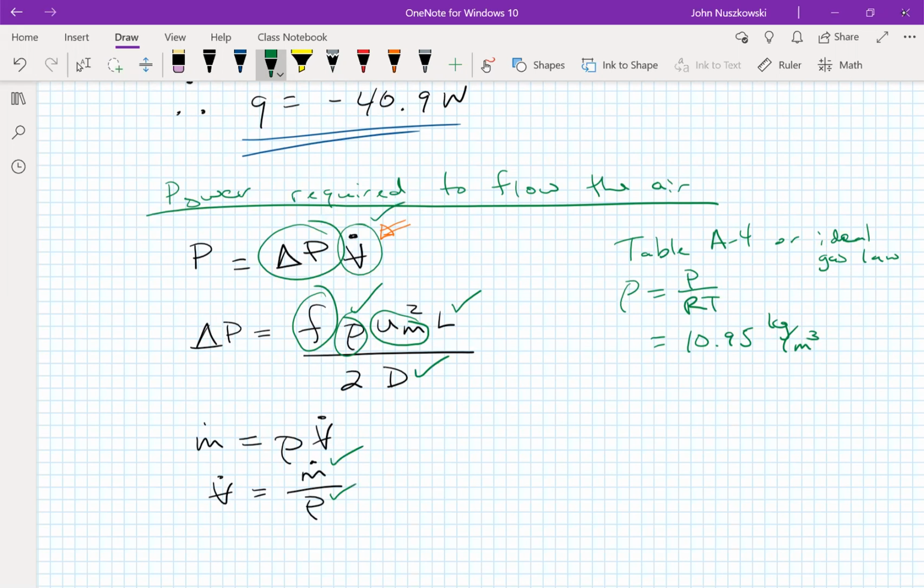All right, so then mean velocity. How do we get that? Any ideas? From the Reynolds number. And like going back to the other equation.